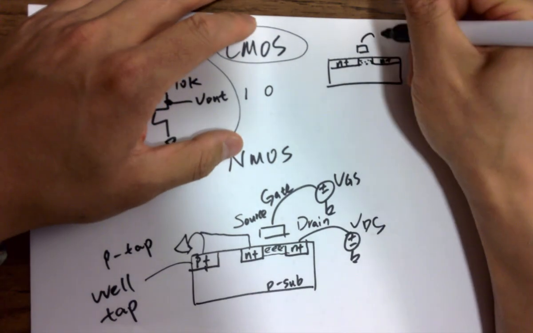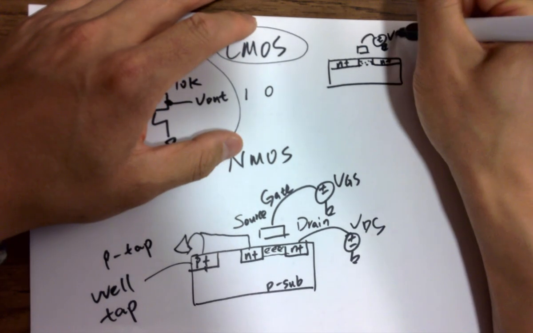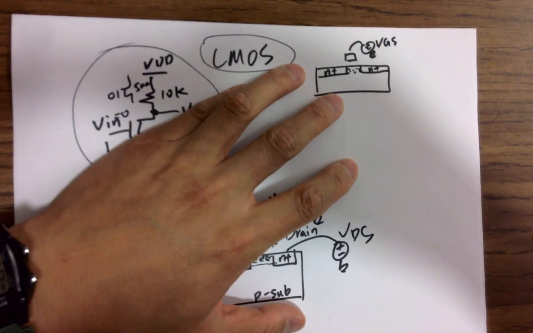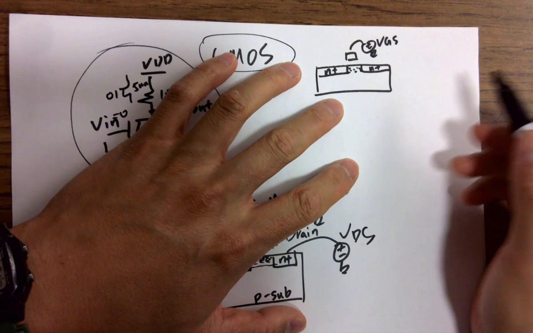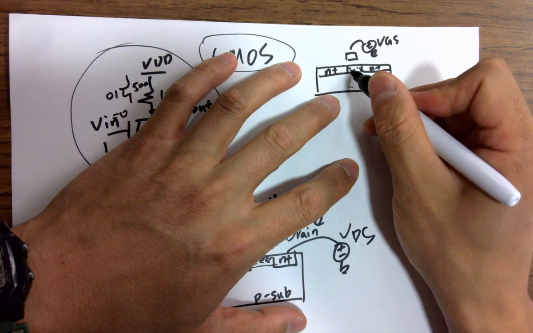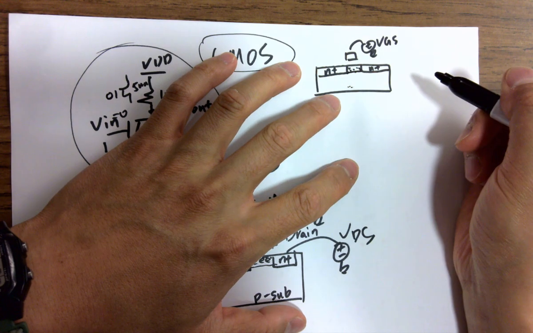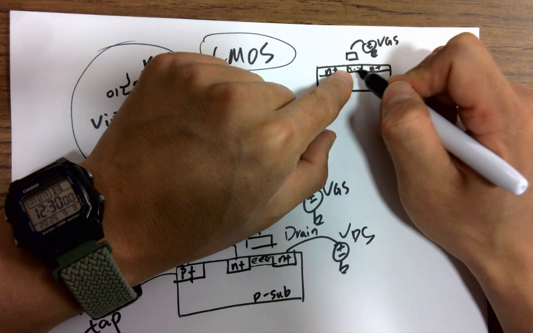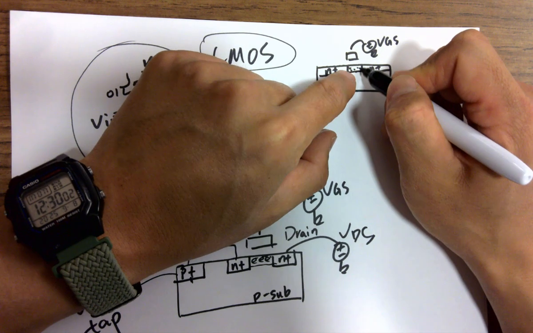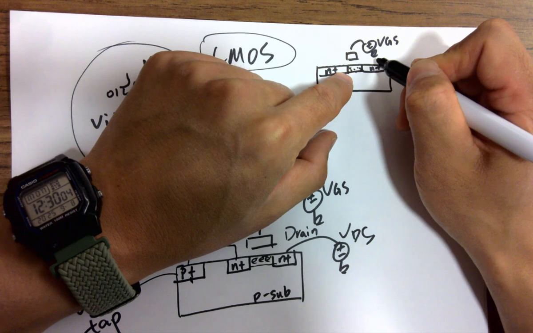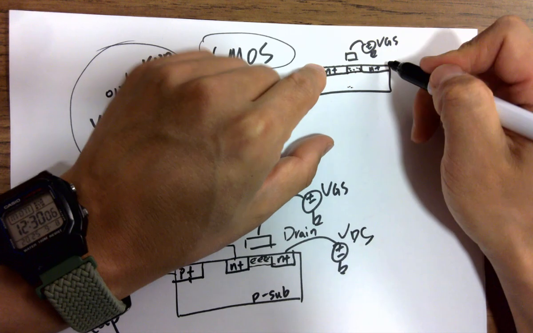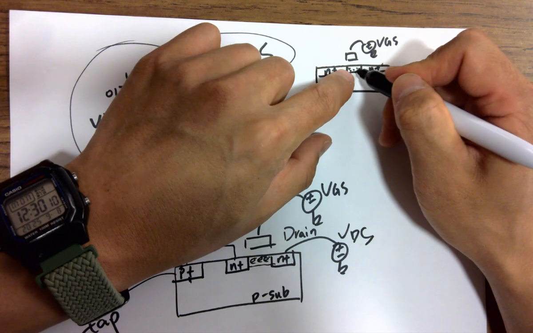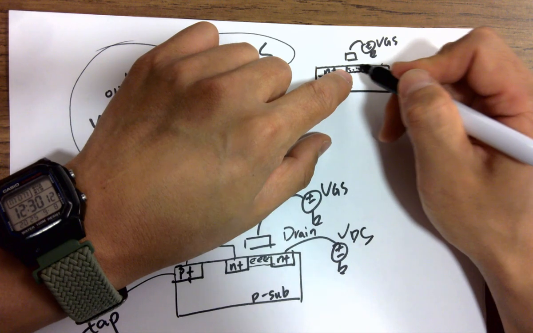Just apply a VGS. This voltage is going to attract electrons from the substrate to here and form a layer of channel. It should be even and flat at the bottom, with no triangle-shaped channel at all, because there's no voltage potential applied to the two terminals. It's just a uniform electron layer, or channel.